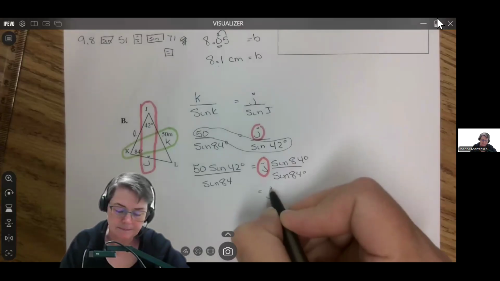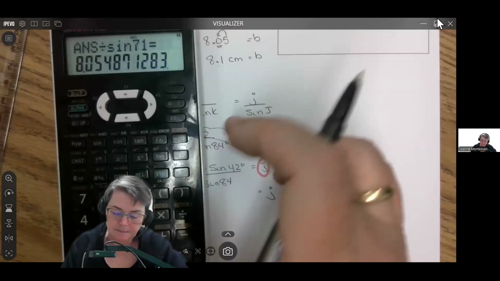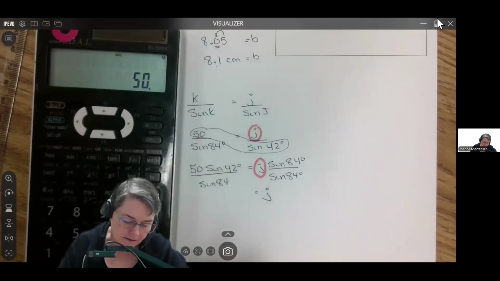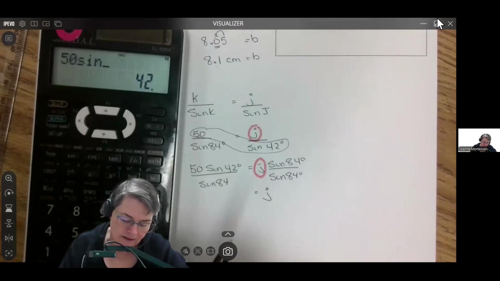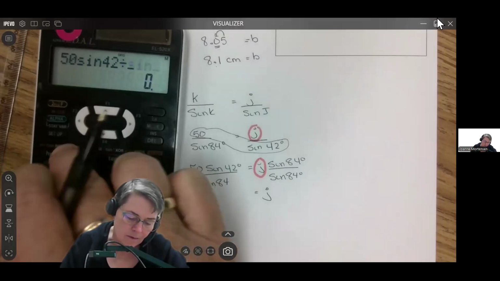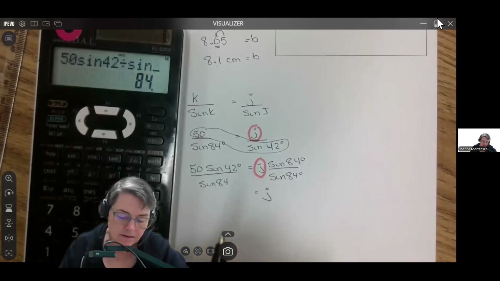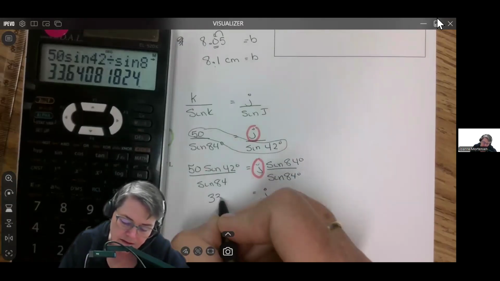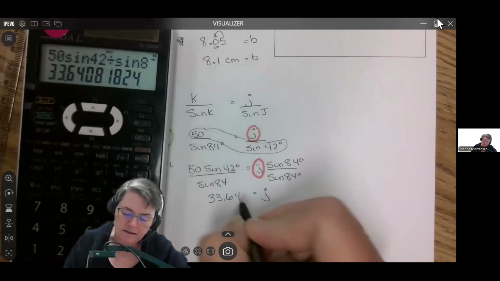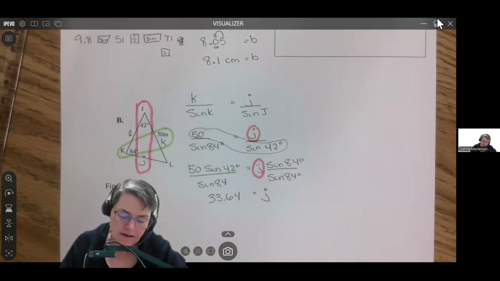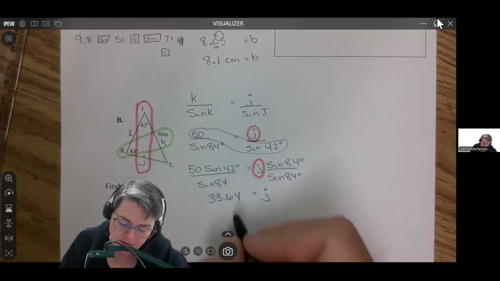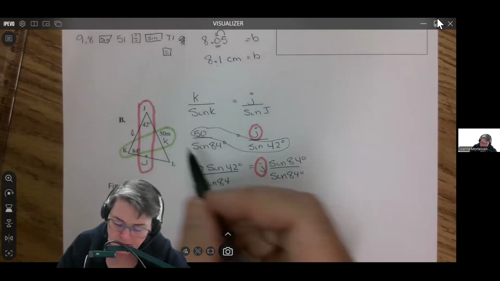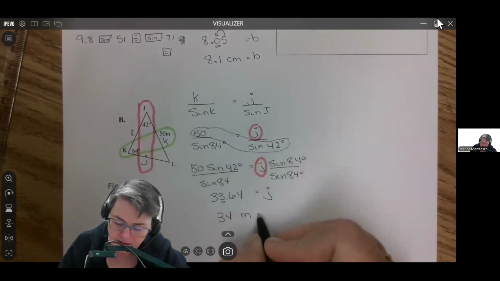All right, so let's try this. 50 sine 42 divided by sine 84 equals 33.64. Now let's see how I should round that. This looks like it's rounded to the nearest whole number. So I'm going to do 34 meters is equal to j.